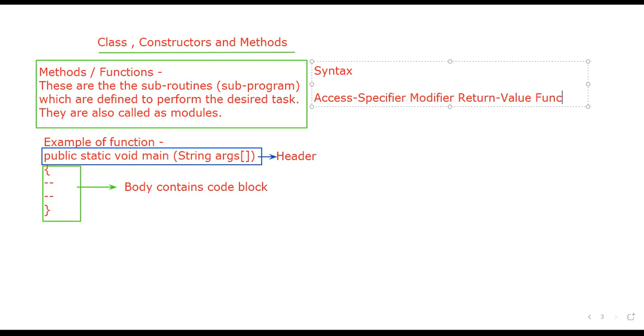Then you have function name. This is the fourth part. And the fifth part is, inside the bracket, you have parameters, or you can call them arguments. Then you have curly open here. Method has a curly open.